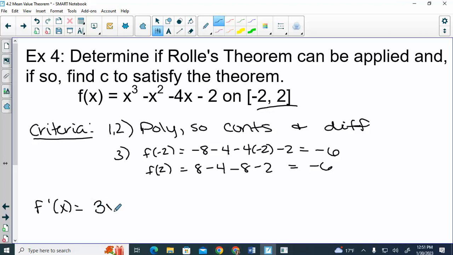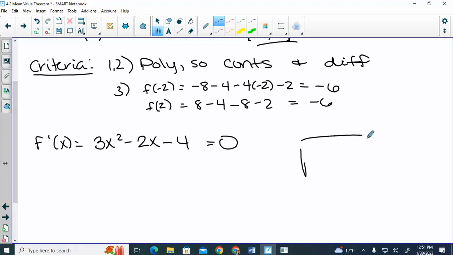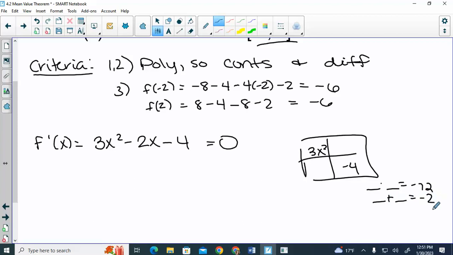So my derivative is 3x squared minus 2x minus 4. Set that equal to 0. If we try box method, I don't think it's going to work. Let's see. Anything multiplied to -12 and added to -2.